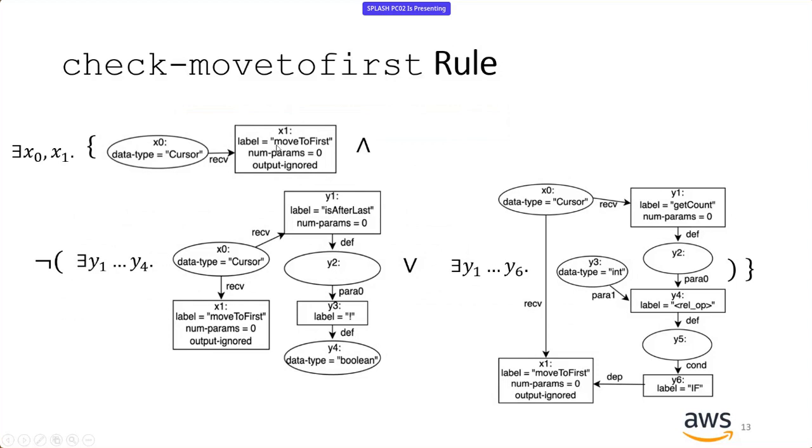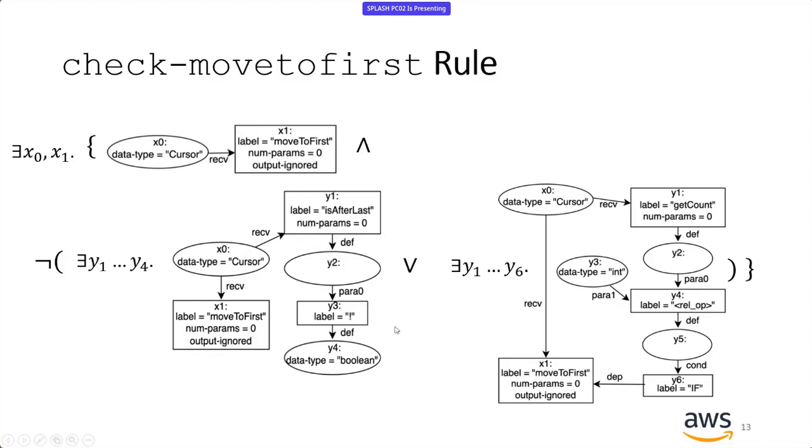It checks for the call to move to first, and the fact that the output of this call is ignored in the code. And we are also asserting that the receiver of this call should be a cursor object.